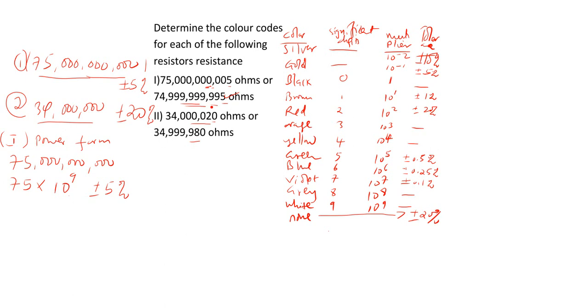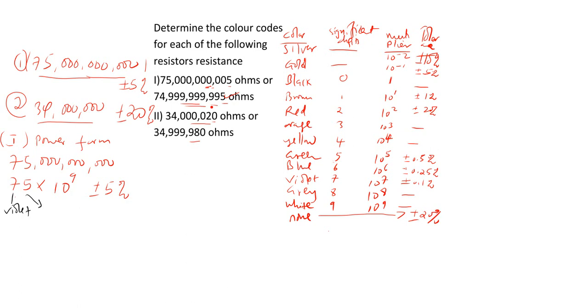So in this case, you look at what 7 represents in the significant digits column. 7 represents violet. You go to 5. 5 represents green.